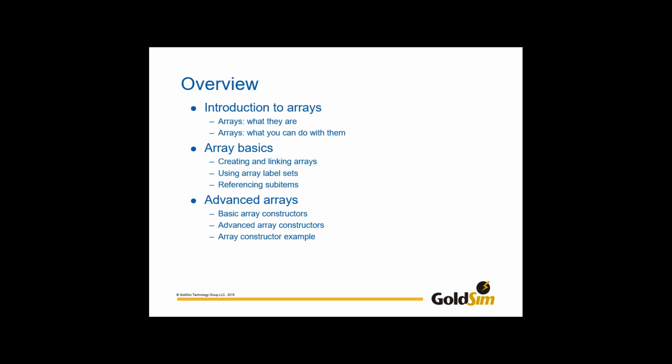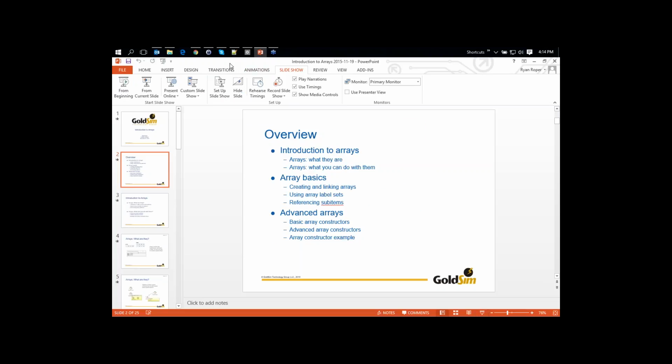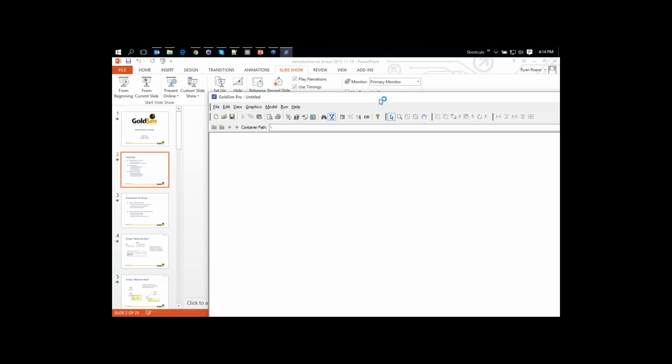We'll talk about something called array constructors, and there are 2 types: the vector constructor and the matrix constructor. If you haven't heard of these, hopefully you've at least heard of them, but even if you have, I'd encourage you to take a look at the help in GoldSim. I'm going to open up GoldSim, the latest version, but it doesn't matter what version. I think these array constructors were implemented as of 10.5.